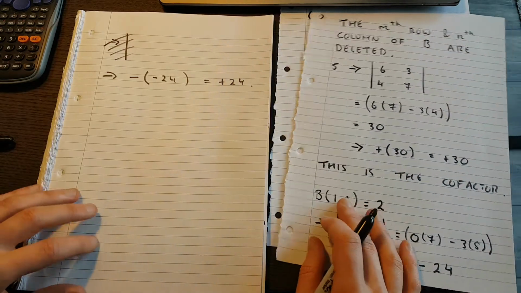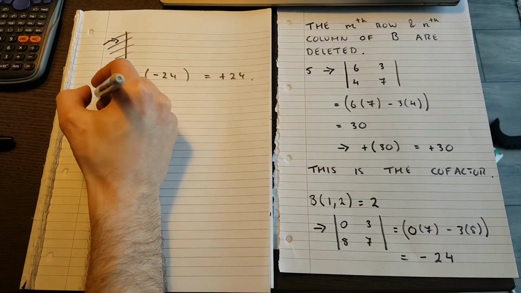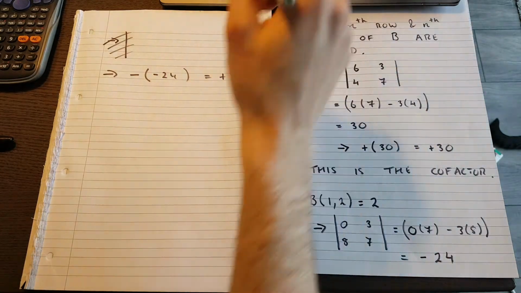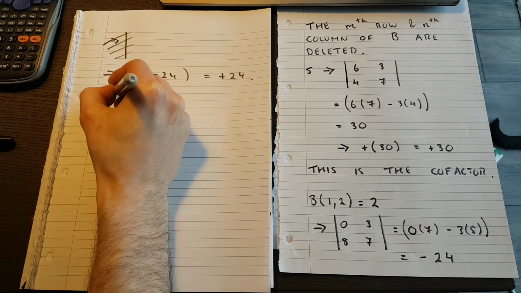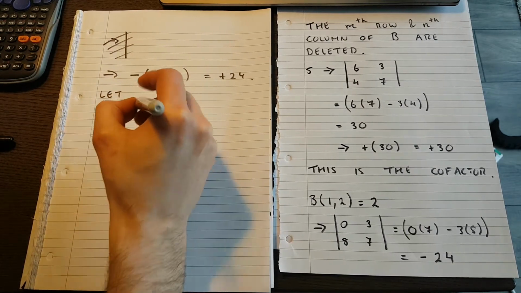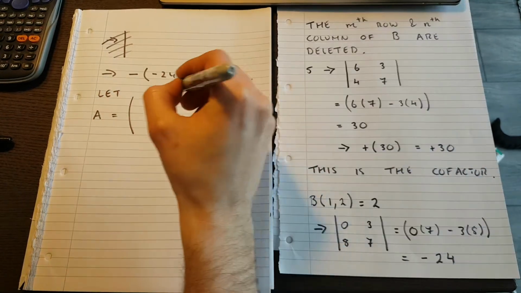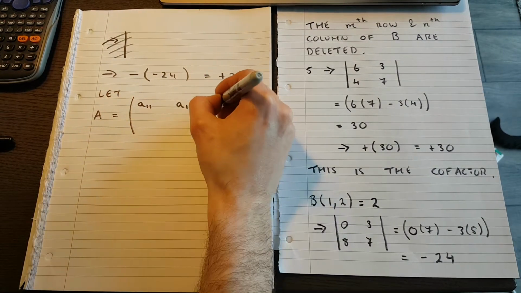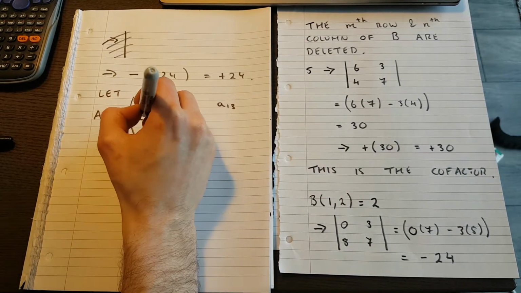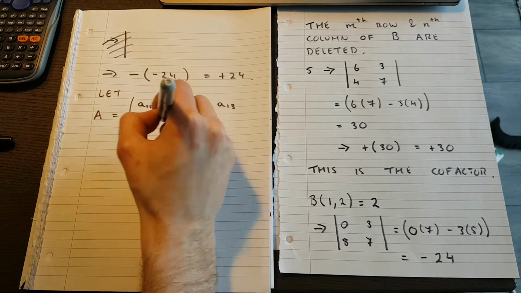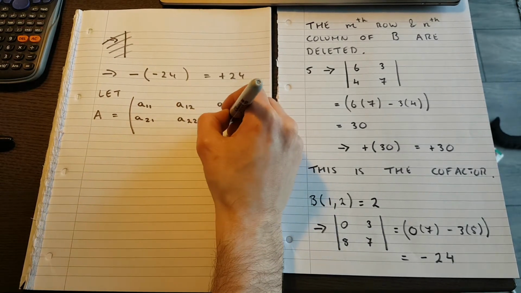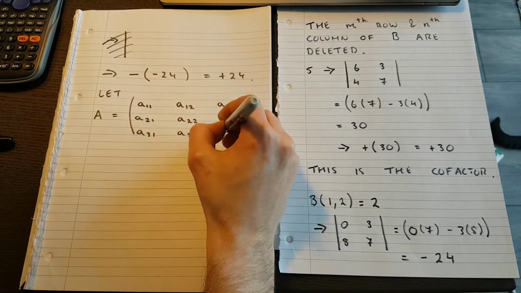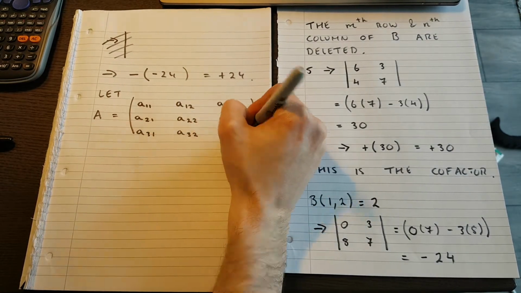So we're going to let A, and we're going to do only 3 by 3, have A11, A12, A13, A21, A22, and A23, and then we have A31, A32, and A33.